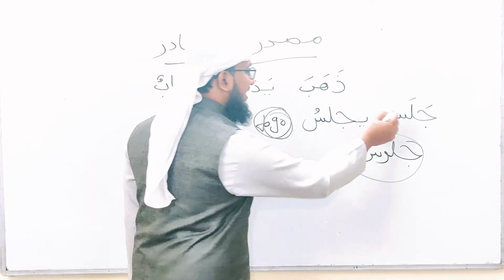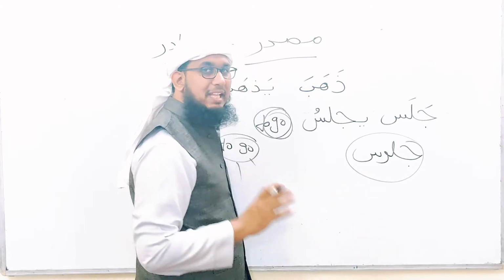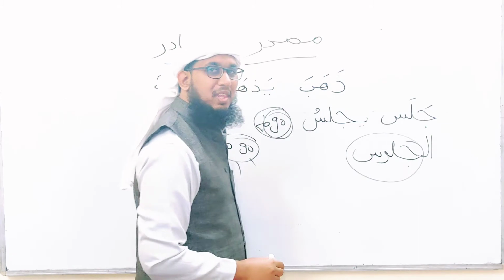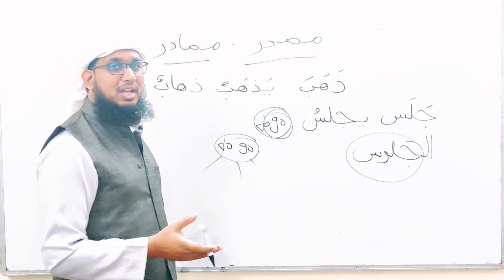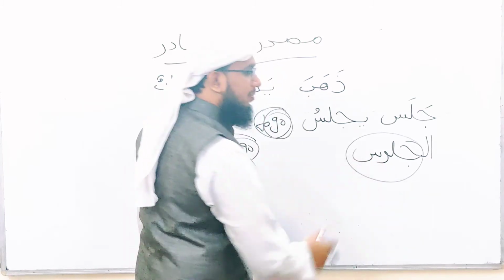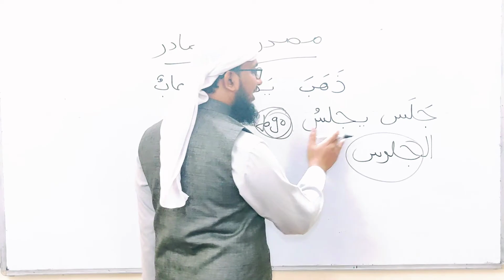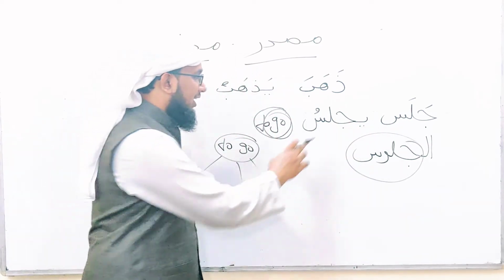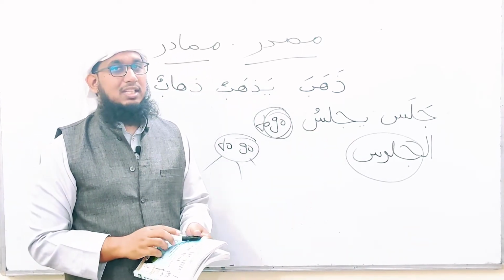Remember, jalasa yajlisu is fi'al, whereas the masdar is always the noun. So it can take alif lam, al-julus, or julusun with tanween. Why? Because it is a noun, an ism, whereas a fi'al, madi or mudari', does not take alif lam nor tanween.